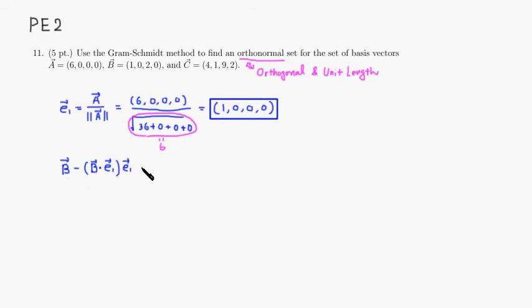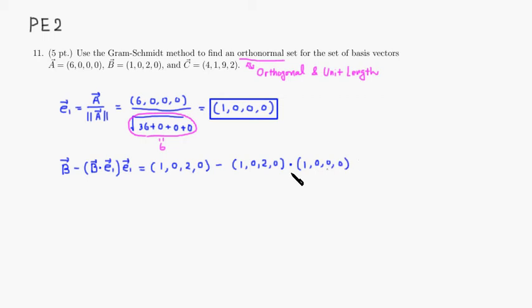B is the vector 1, 0, 2, 0. We take the dot product with E1, which is 1, 0, 0, 0.